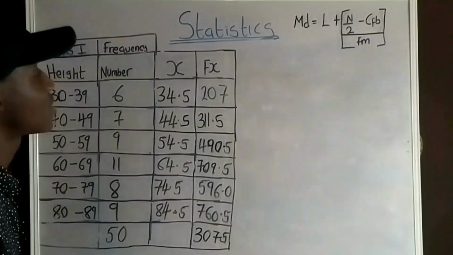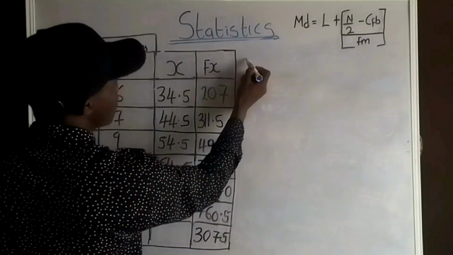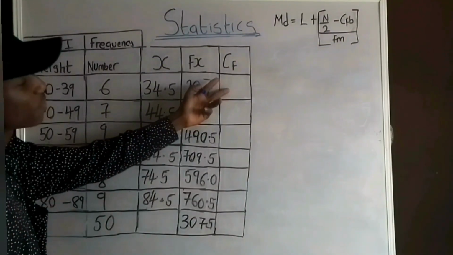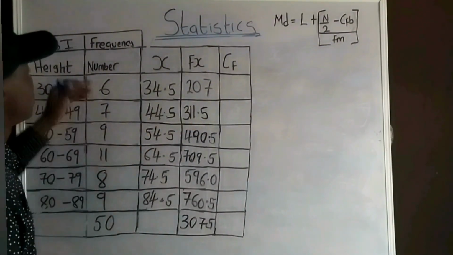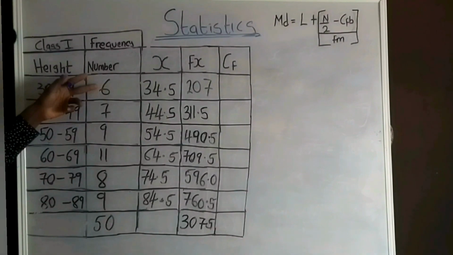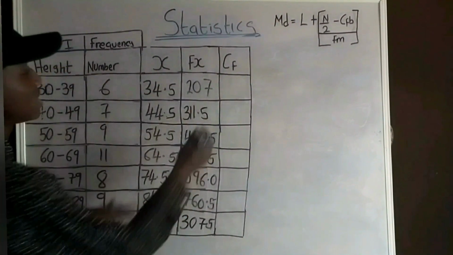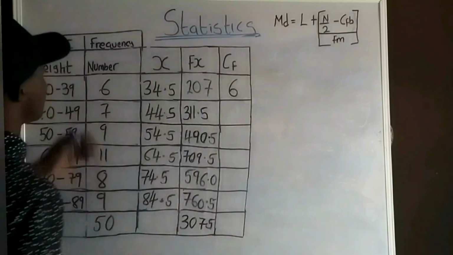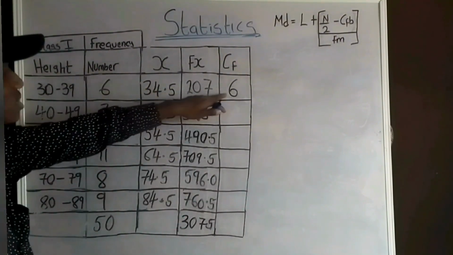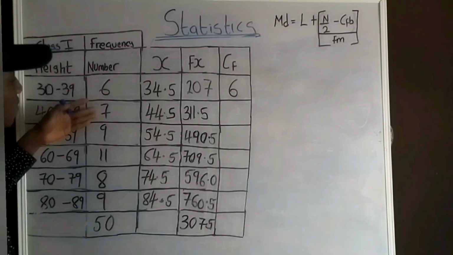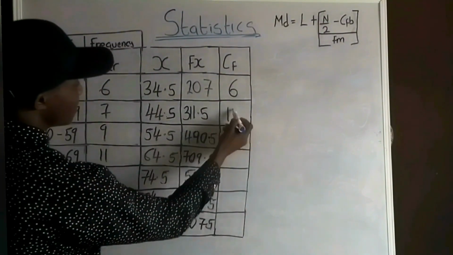Therefore, I'm going to have another column in this place where I'm going to calculate the cumulative frequency. To get the cumulative frequency of this cell, since there is no number before the frequency of this cell, the cumulative frequency of this cell will be 6. So that will be 0 plus 6, which is 6. For the next cell, the cumulative frequency will be 6 plus 7, that will be 13.